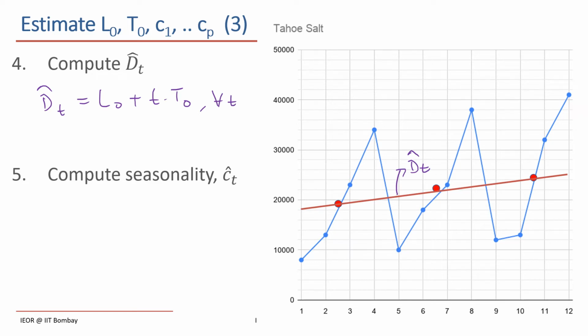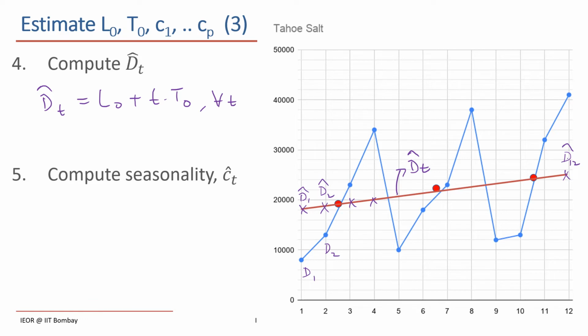So what I'm doing is using this trend line, trying to figure out the values of d1 hat, d2 hat, d3 hat, d4 hat, and so on, all the way up to d12 hat. So that's what I'm trying to estimate here. Now I have the actual data points d1, d2, etc. I have the d hats.